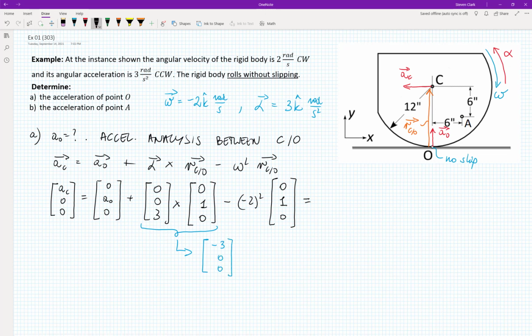And that means that in here we will have -3, and in here we will have AO, -4, and 0. So from the equation on the x component, we can have AC equal to -3 feet per second squared. And also in here we know that AO is equal to 4 feet per second squared.